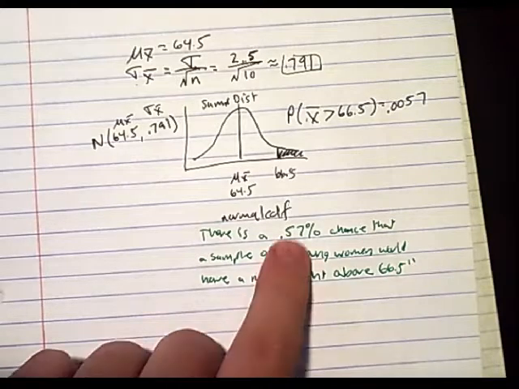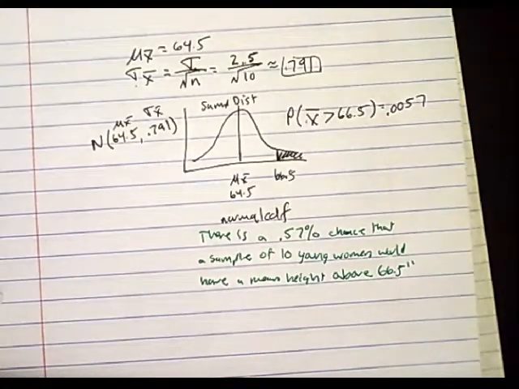That's why this is such a small probability. That could happen. It's just not likely to happen. Or if I were sampling WNBA players, it'd be very likely. But just in general, no. Not very likely.